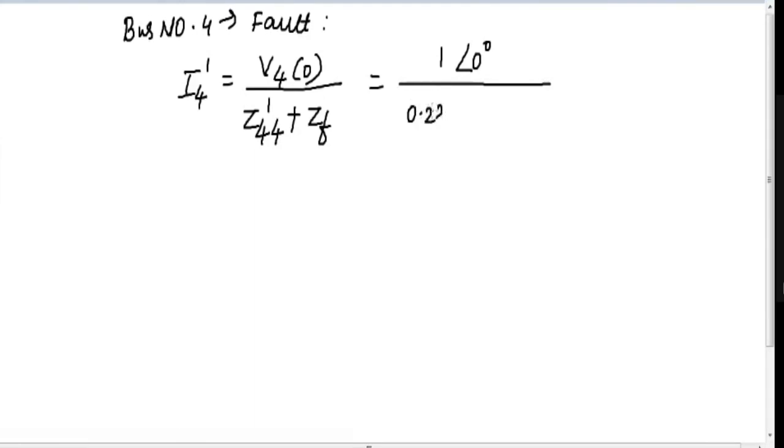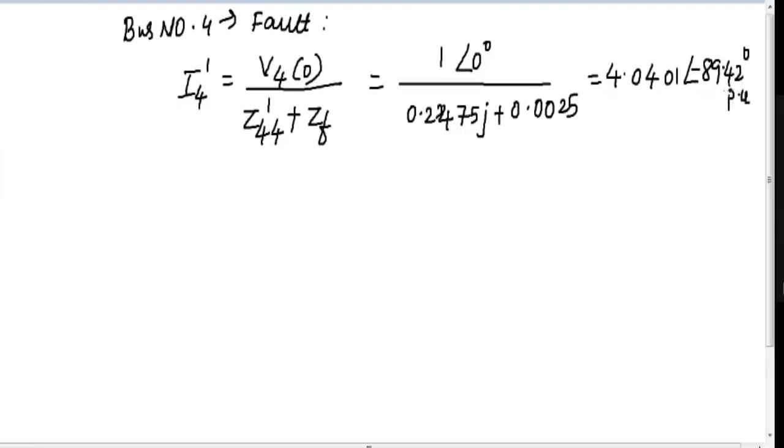This is 0.2475j plus ZF. What is the value of ZF? The value of ZF is 0.0025. So from here you will get this result as 4.0401 at an angle minus 89.42 degree.